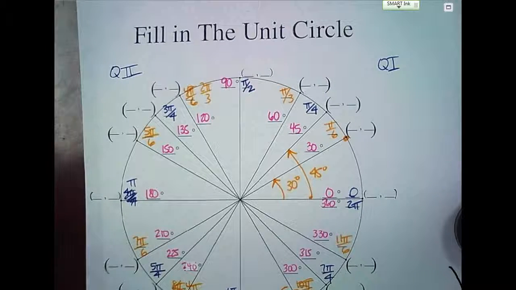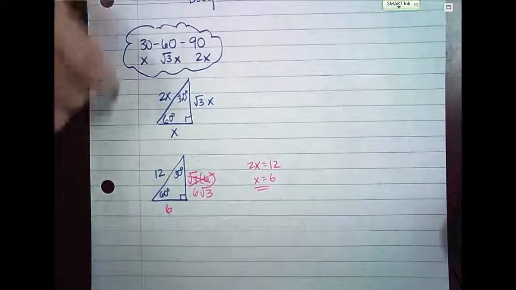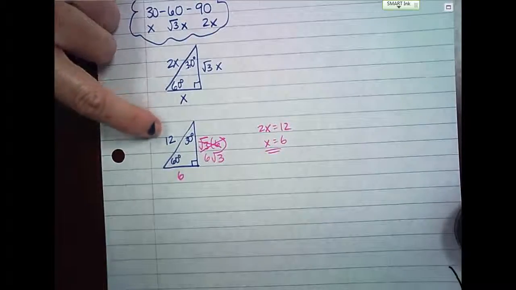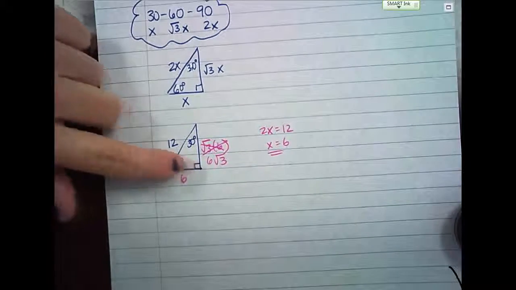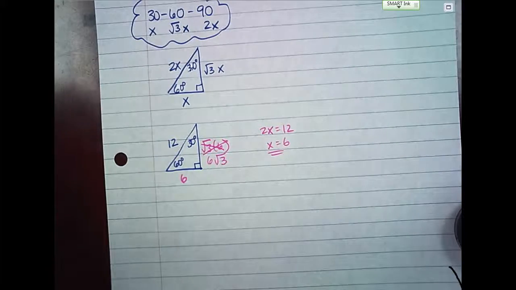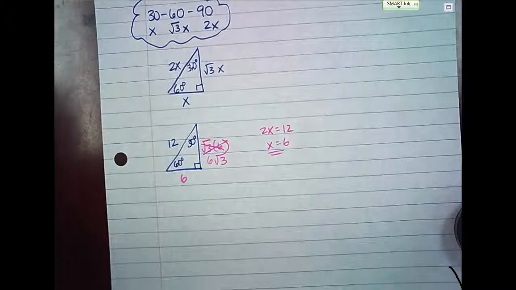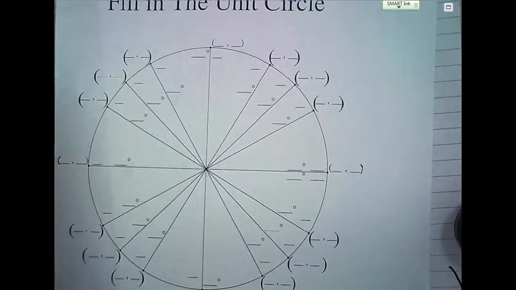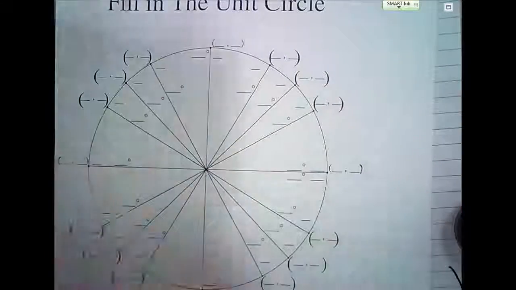But my question to you is, just like in this problem, I told you that the right triangle's hypotenuse is 12. In here, we're dealing with 30, 60, 90.